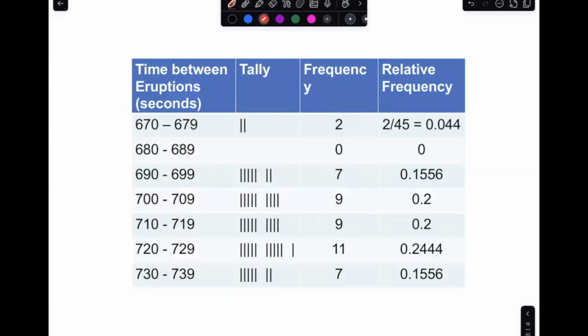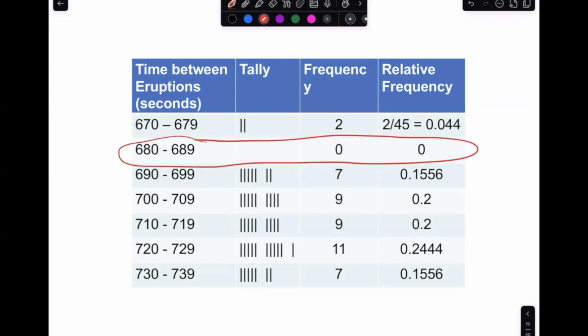Okay. I created a frequency and relative frequency table. So what I did was I took a look at my data and I counted how many data values are in each bin. Yes, this one is 0. Having some that are 0 is okay.